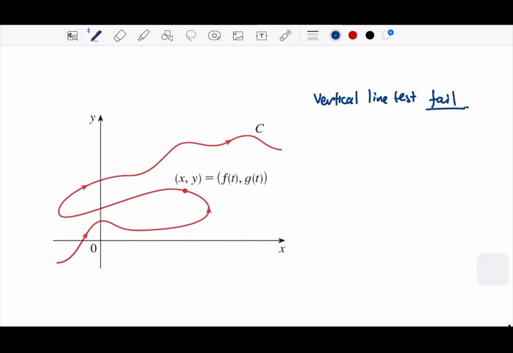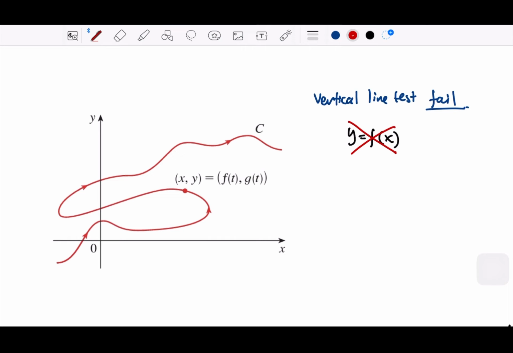If we write y is f of x, this is not ideal. It's not possible, right? Because when you draw this line, it's crossing all these 3 points. Here, it's failing the vertical line test. So it's not y equal f of x. This is a different world, not our usual functions.